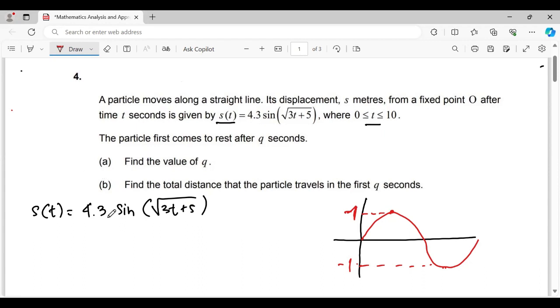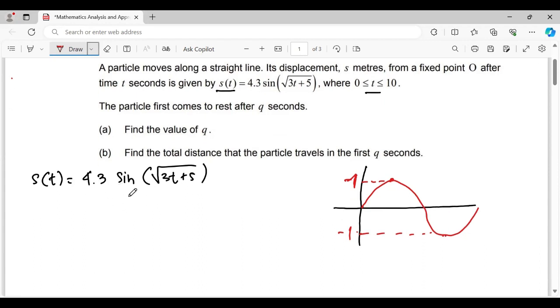So it means in this equation, the value of sin(square root of 3t) plus 5 is greater than or equal to minus 1 and less than or equal to 1.